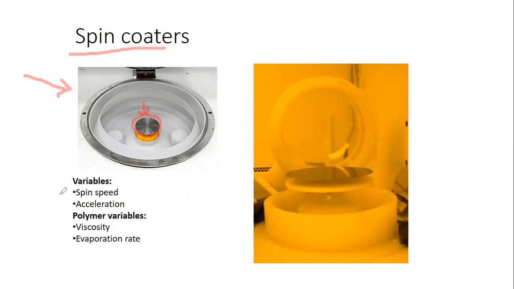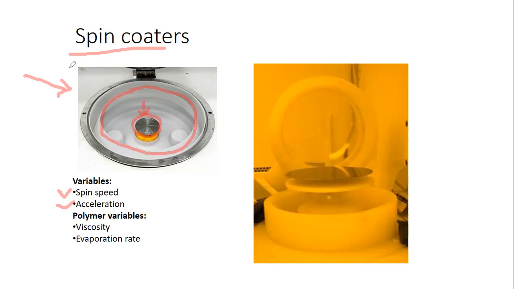So what are the variable parameters inside the spin coater? That is the spin speed. It means you can manage the spin by using the digital meter. You can increase or decrease the speed, and the whole system can be rotated digitally. You can also accelerate the system, that is a variable parameter.